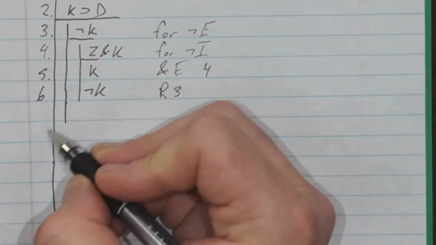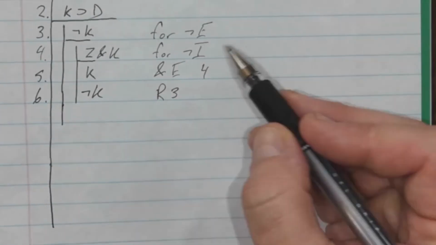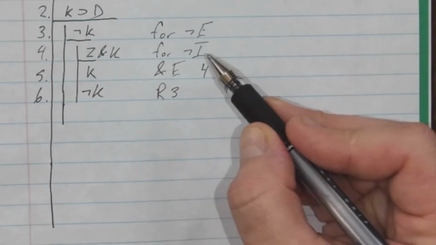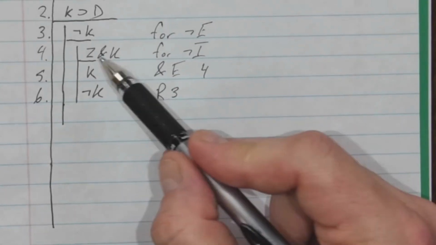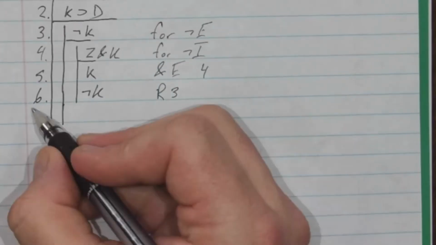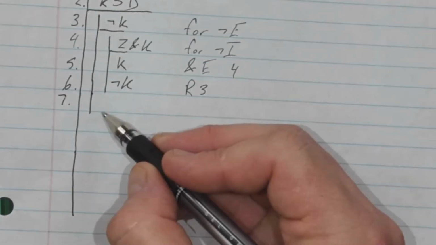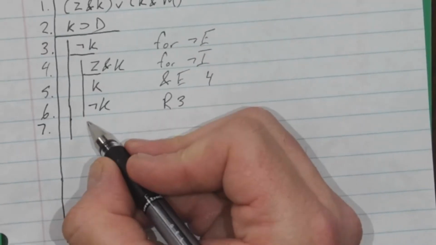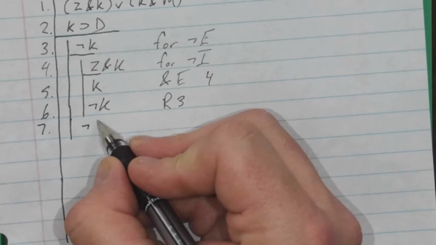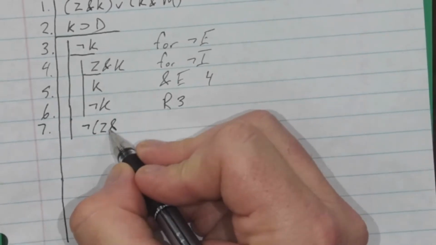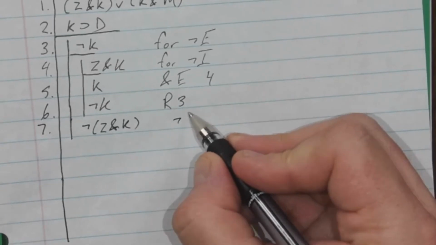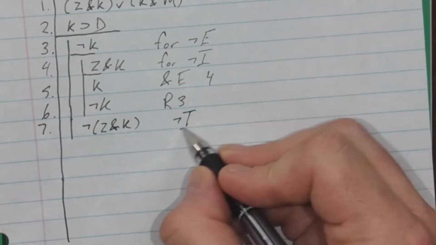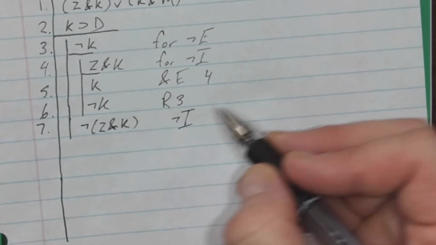And we know that once we derive a contradiction, our negation introduction rule tells us that we can introduce the negation of whatever that step was that led us to this contradiction. And we do that outside of the subproof. So here at step 7, we're going to assert that it's not the case that Z and K. We do that via negation introduction, right? Remember that was the rule we specified here.